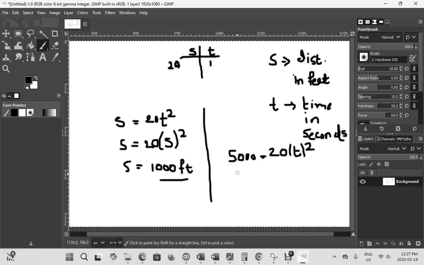In order to solve for T, you have to isolate T, which means 5,000 divided by 20 will be T squared. This will be 250, so T squared is 250.